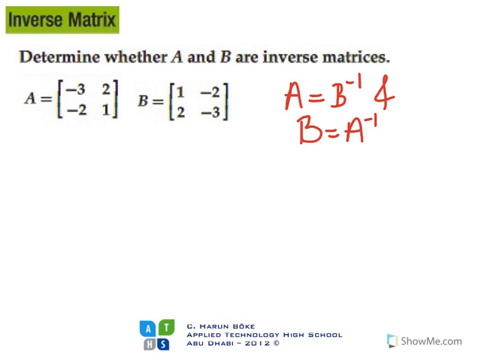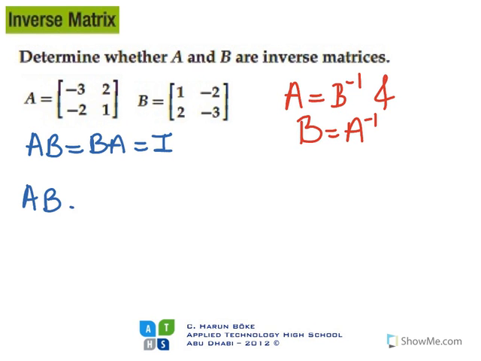So we are going to check whether they are the inverses of each other. Now let's use the definition. If A and B are inverse matrices, then the products AB and BA will give us the identity matrix. So let's find the product matrices.